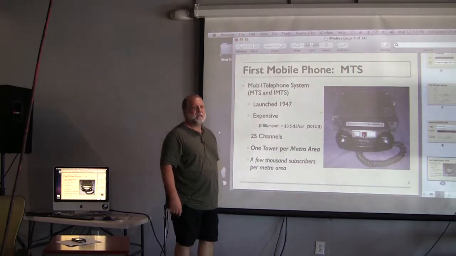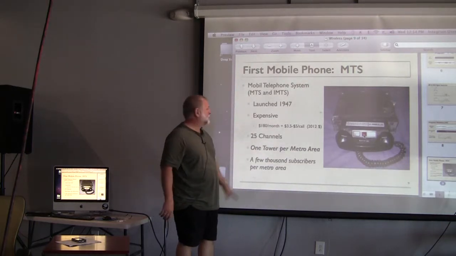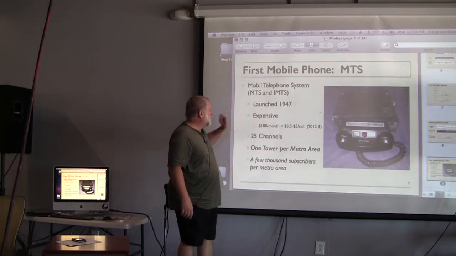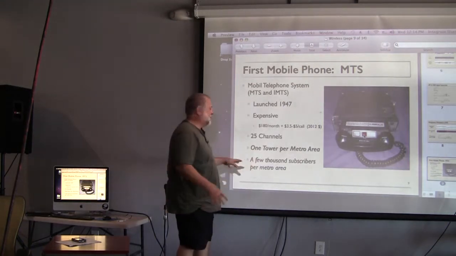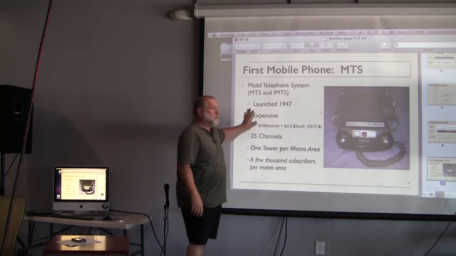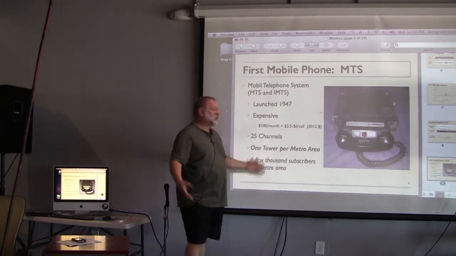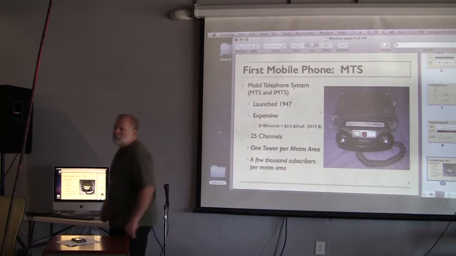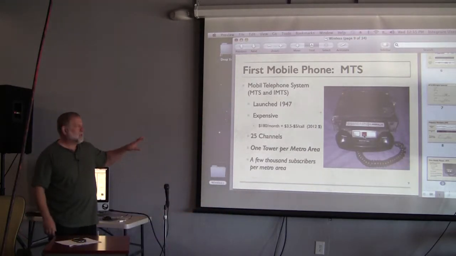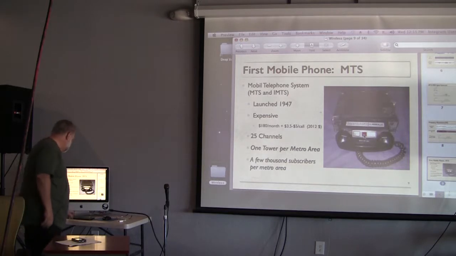So I don't think you'd be doing too much texting on this thing. There were 25 channels, and the idea is you just had one tower per metropolitan area. And with this system, New York City could have a few thousand users. So even at those prices, there was a lot of demand for that system.